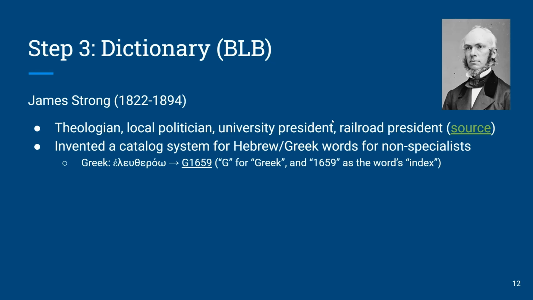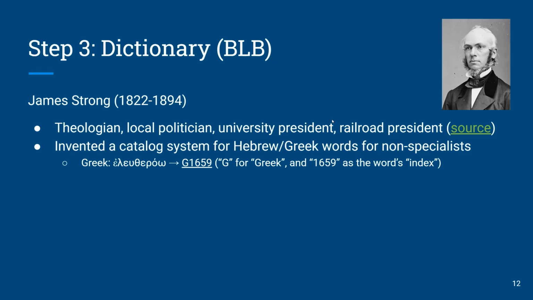In this case, the G stands for Greek, since this is a Greek word, and 1659 just means that this Greek word here was the 1659th word in an alphabetical list of the Greek words in the Greek New Testament. Great. So this G1659 then just becomes sort of an index or a stand-in code by which we can refer to this Greek word.